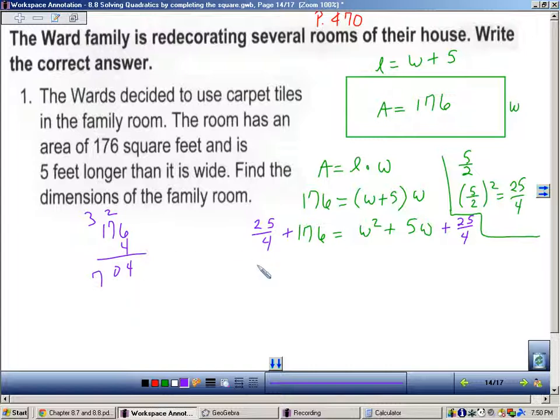So again, it's just 176 over 1 multiplied by 4, and that's what I got. And so it looks like it's going to be 729 over 4.